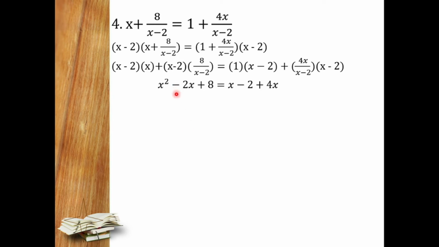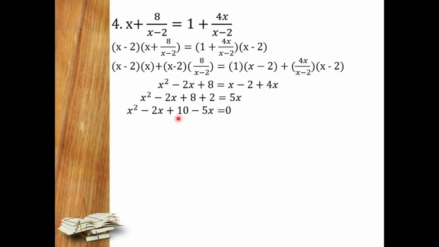So, i-transpose na natin ito si negative 2. Tapos ito, si x plus 4x, i-simplify natin muna bago natin i-transpose. Okay? So, simplify natin ulit. 8 plus 2, itong dalawa, copy down. Ito, i-transpose natin. So, 8 plus 2 is 10.